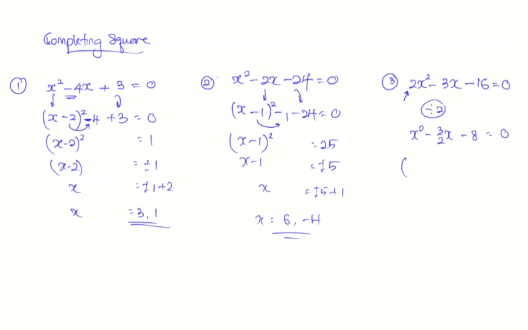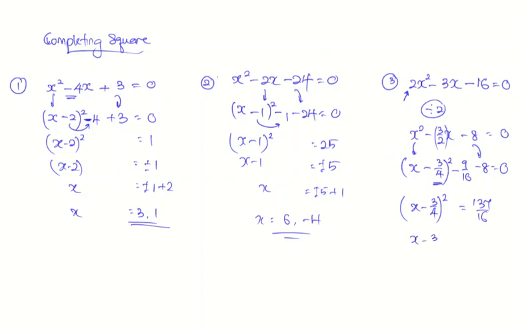Look carefully. So x, put it down, negative, then still negative 3 over 2, you have to divide by 2, become 3 over 4, bracket square. You need to minus. Minus what? The square of this, 9 over 16. So minus 8 equals 0. So x minus 3 over 4 square equals, press calculator, 8 plus 9 over 16. Okay, that will be 137 over 16.